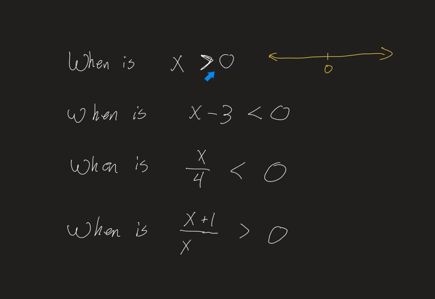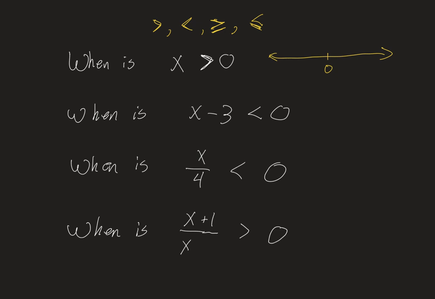That was what we called the boundary point. And then I looked at the symbol and said, okay, greater than. My 4 symbols for inequalities are greater than, less than, greater than or equal to, and less than or equal to.